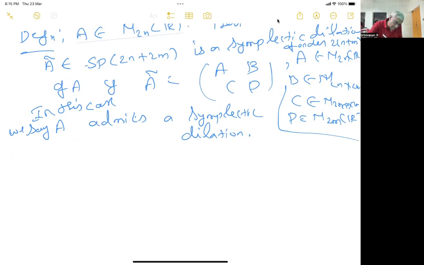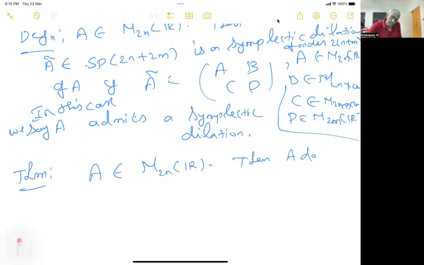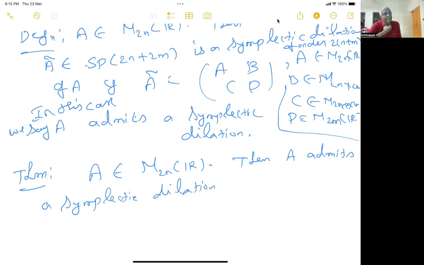If A is in M_n, then A admits a symplectic dilation. Well, the m we will spell out later. Symplectic dilation. Okay.